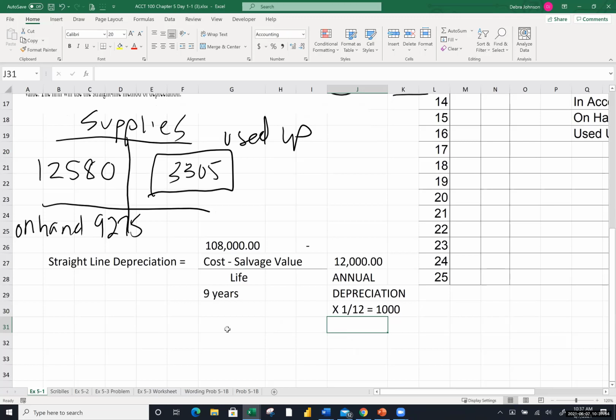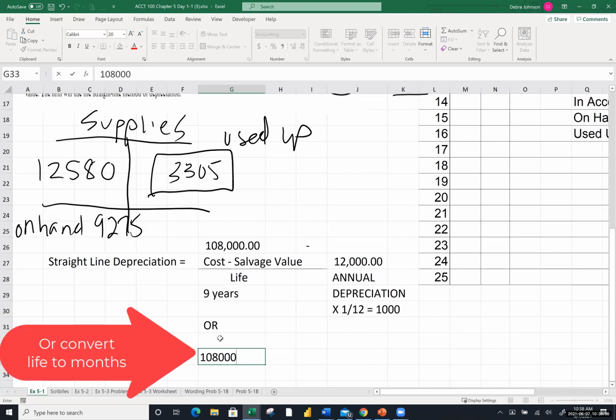Or the other way to do this, your book may do it this way, so I want to show you both ways, is to record the life in months, right? So the top is still 108,000. But the life would be, what is 9 times 12? I can't do that in my head. 9 times 12 is 108 months.